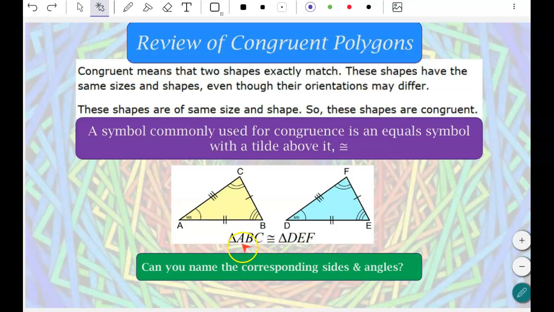This first two, AB, goes with DE. BC goes with EF. And then you have also AC, first and last, with DF. All right, we'll look at that a little bit more, so hopefully you can get a better understanding.